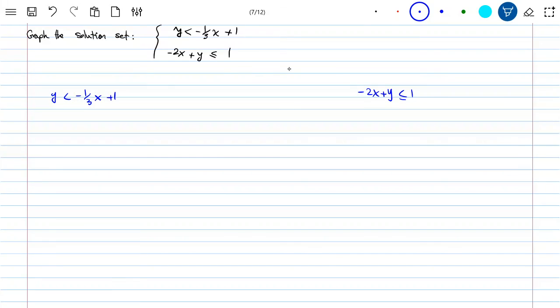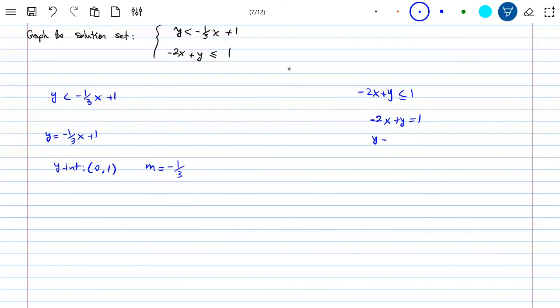Okay, let's deal with the first one. Change the inequality to equal. Y equals negative 1/3 x plus 1. What is the y-intercept? Y-intercept is at 0, 1. What is the slope? Negative 1/3. I can do the same for the other line. Negative 2x plus y equal to 1.